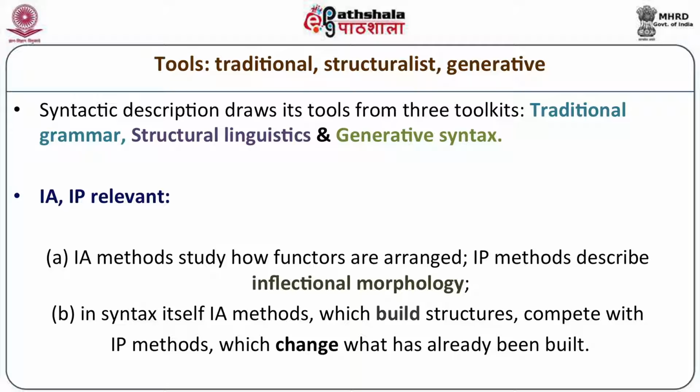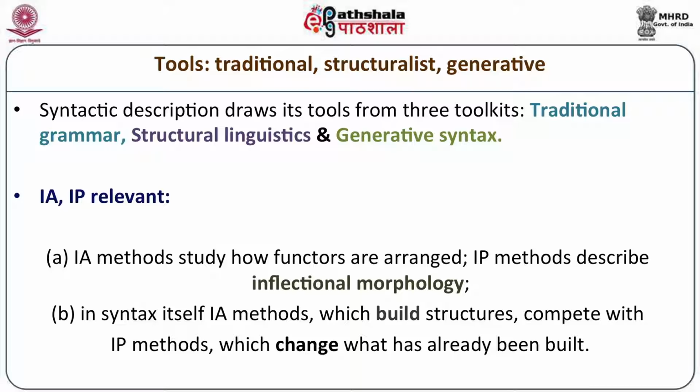Finally, the main source of current work is a way of doing syntactic research called generative grammar, sometimes more specifically called generative syntax. Generative grammar is the third of the three sources from which we take our tools for describing.